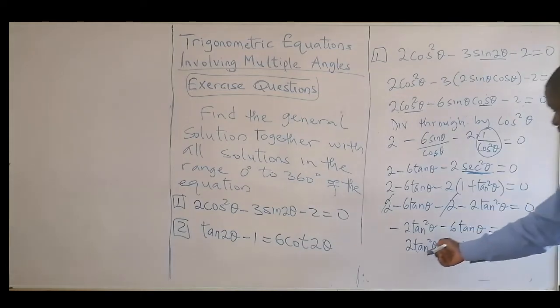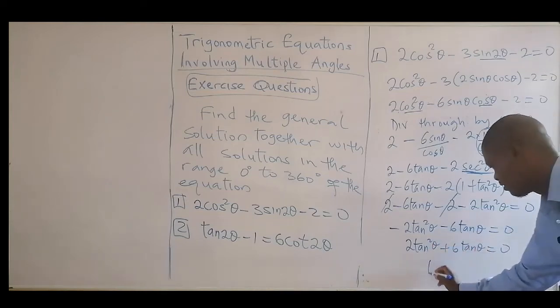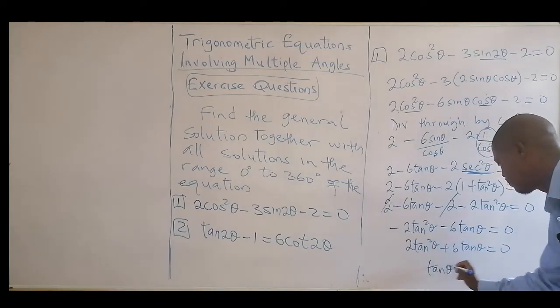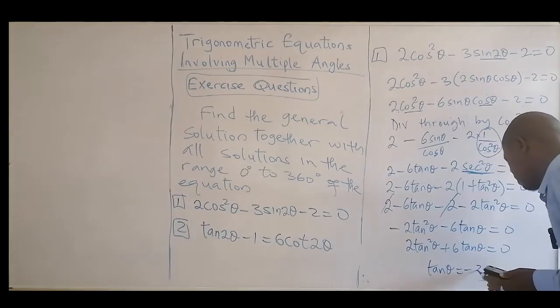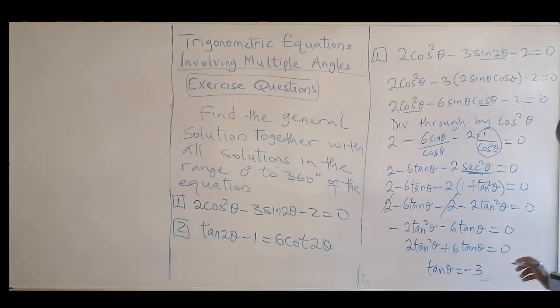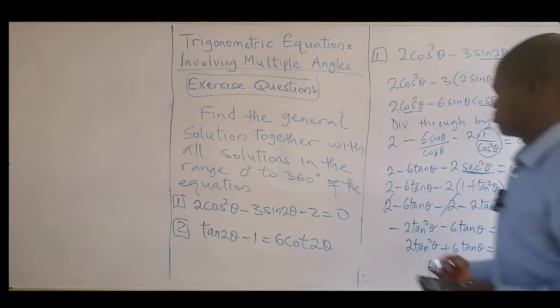This is a quadratic form in tan theta, so tan theta is minus 3 or 0. The constant here is 0. If you don't want to do it this way, the choice is yours.